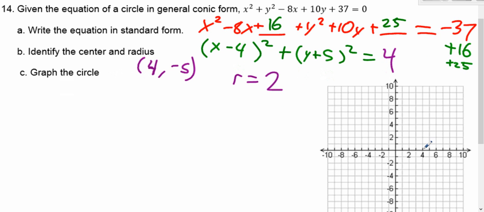So then we graph. We plot the point 4, -5. That's our center. Since the radius is 2, you go 2 units up, 2 units right, 2 units down, 2 units left. And then draw a circle. There's our graph.